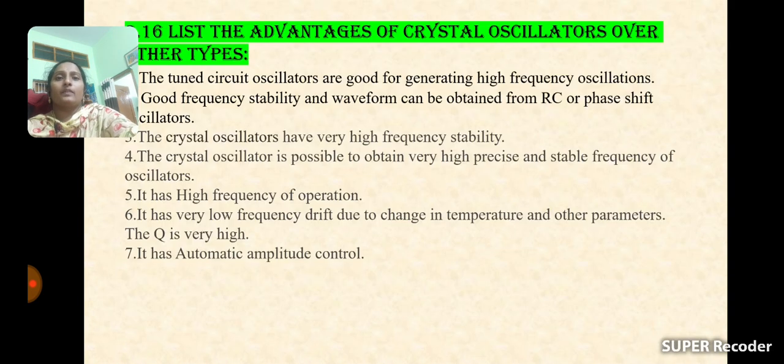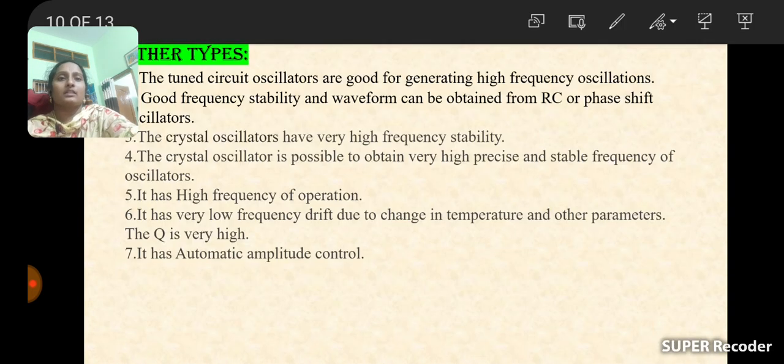And see here, coming to the advantages, a wide variety of advantages are there when using the crystal oscillator compared to the Colpitts and Hartley. The tuned circuit oscillators are good for generating high frequency oscillations. What is the main reason for designing the crystal?